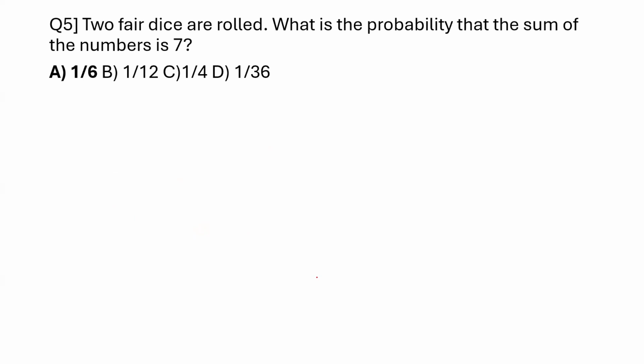Next problem. Two fair dice are rolled. What is the probability that the sum of the numbers is 7? Here you have 2 dice, and you are rolling 2 dice. Now you are interested in the sum of the outcomes, right?